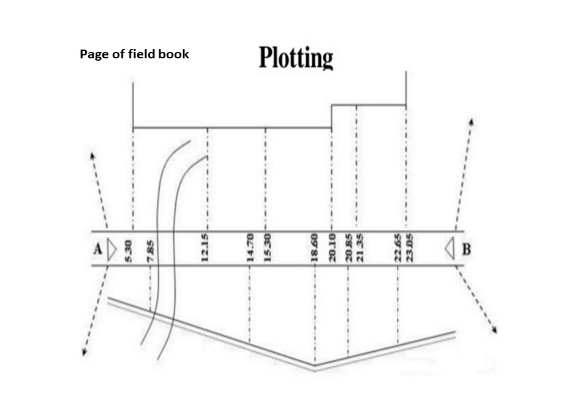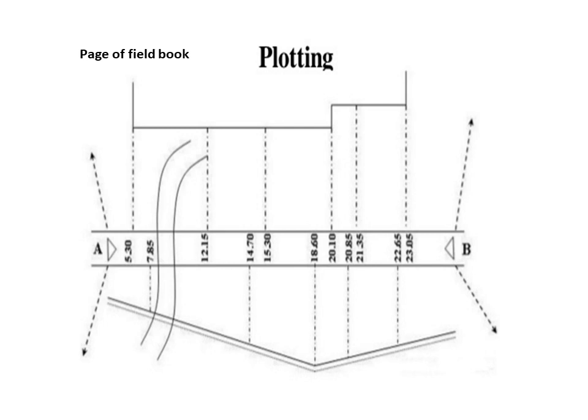And on this particular line AB, 5.3, 7.85, 12.15, 14.7, 15.3, 18.6, whatever the measurements which are written, they are called chainage. So chainage is the distance of any point lying on a survey line from the starting station.